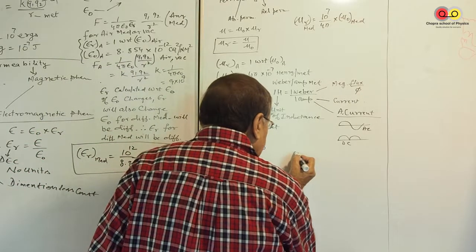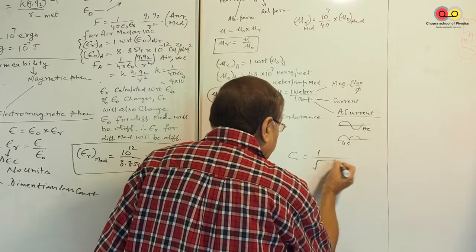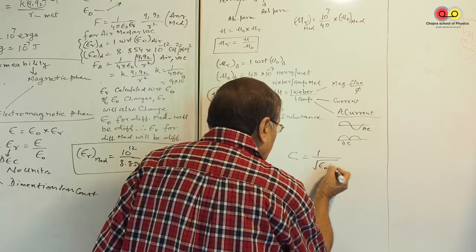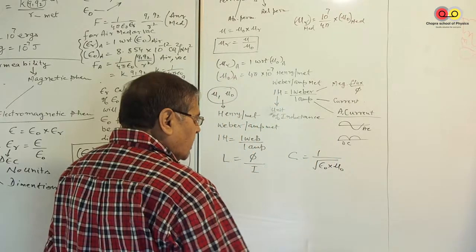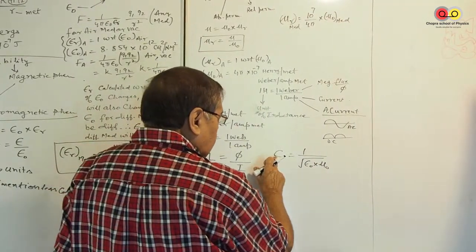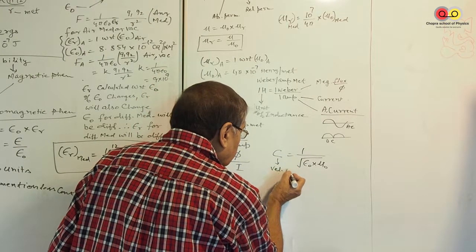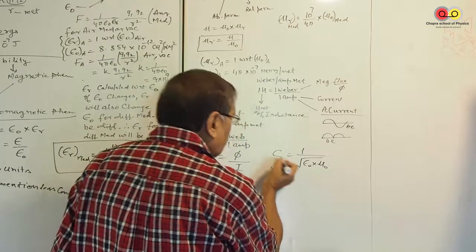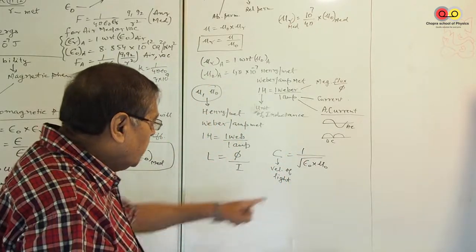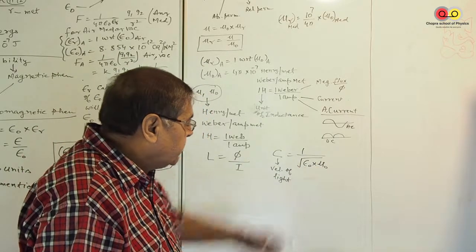Velocity of light is taken as c, equal to 1 over square root of epsilon naught multiplied by mu naught. So you will now remember that c stands for velocity of light, and velocity of light is calculated by both the numbers, absolute permittivity and absolute permeability.